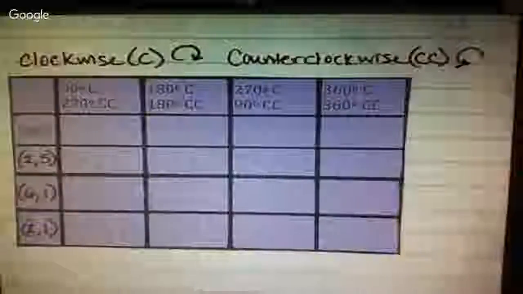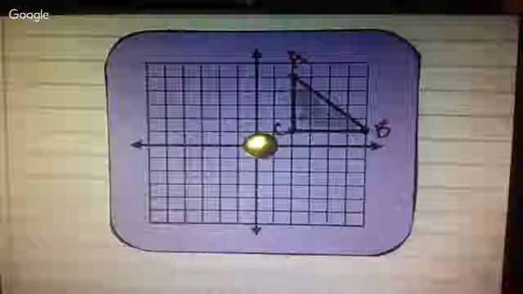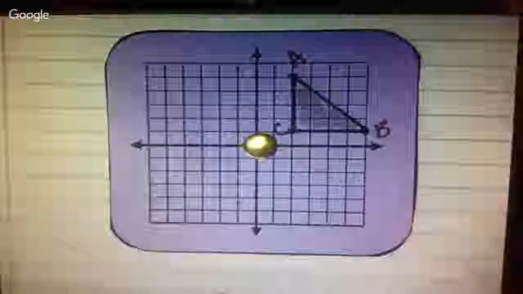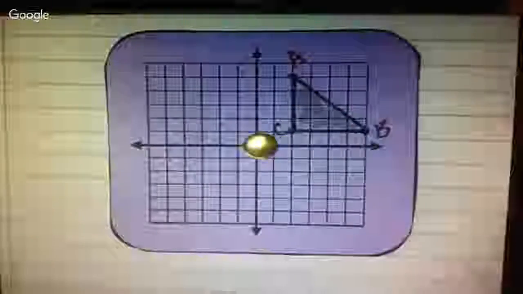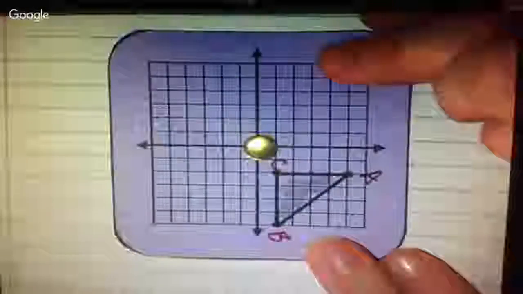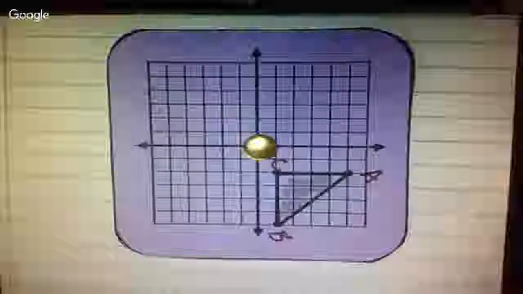All right. So let me go back to this picture. The first column, it wants me to go 90 degrees clockwise. If I go 90 degrees clockwise, my figure is now going to be in what quadrant? 4. So it goes down here. If you take a look at A right now, where is A?